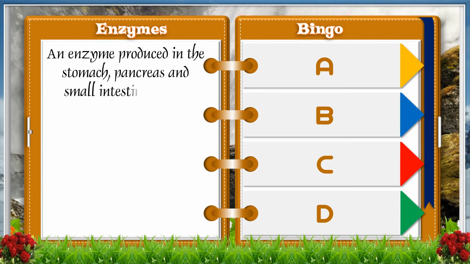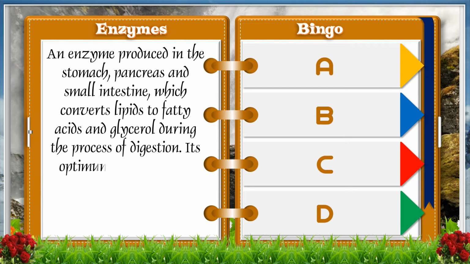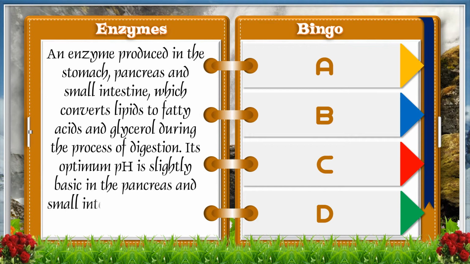An enzyme produced in the stomach, pancreas, and small intestine, which converts lipids to fatty acids and glycerol during the process of digestion. Its optimum pH is slightly basic in the pancreas and small intestine, but acidic in the stomach.